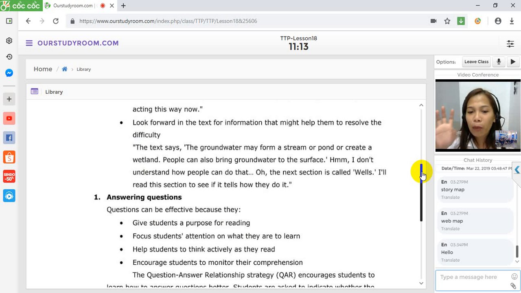For example, I will ask you, teacher, what do you think will happen to the story next? And then you answer with very difficult words and sentence structures. So the students will not understand. It's not easy for them.